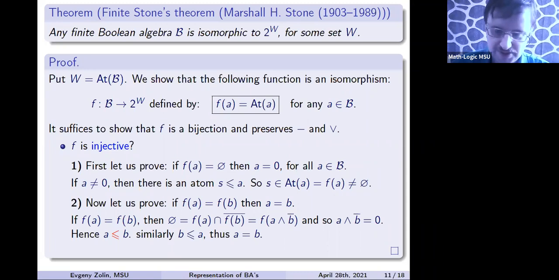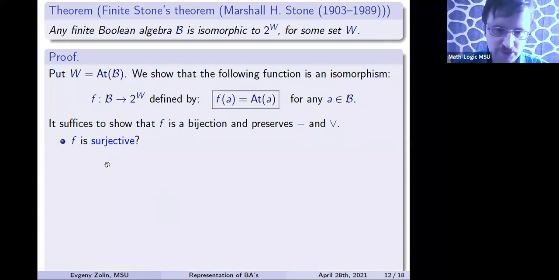What is specific to finite Boolean algebras is that f will be surjective. It will hold that B is isomorphic to the whole Boolean algebra of all subsets. In general, for the infinite case, it will be only an isomorphism to some subsets. So here we will crucially use that our Boolean algebra is finite.